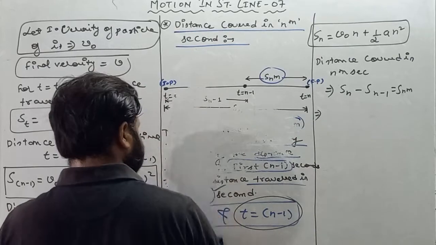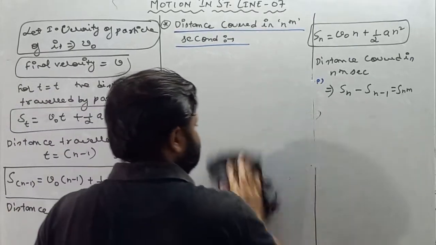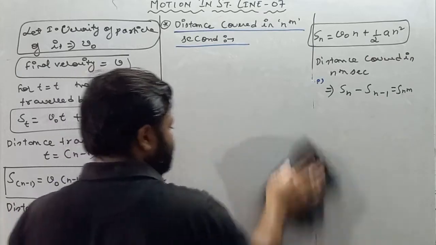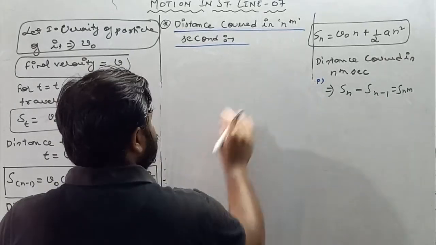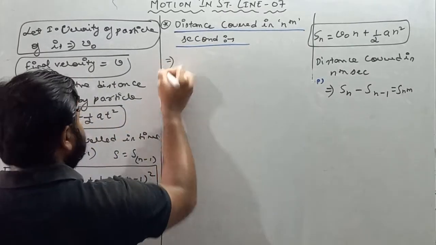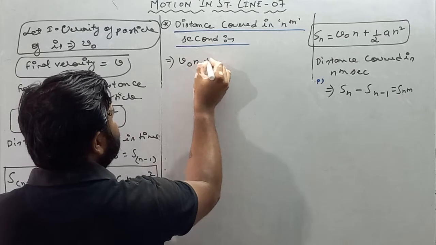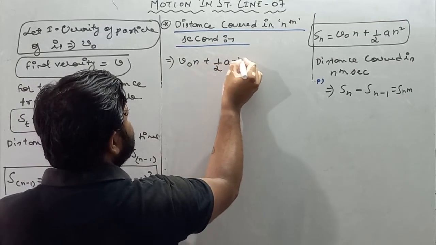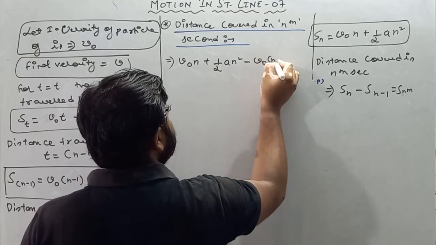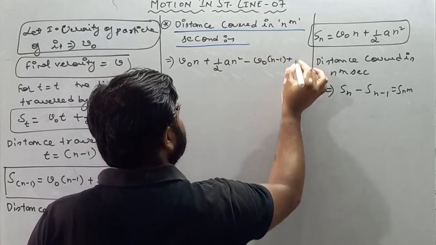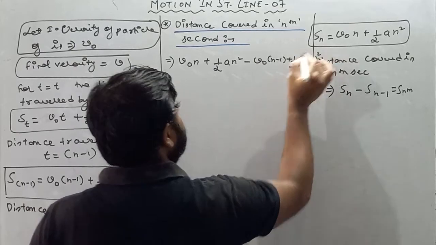So the distance traveled in the nth second is v naught n plus half a n square minus v naught (n minus 1) plus half a (n minus 1) square.